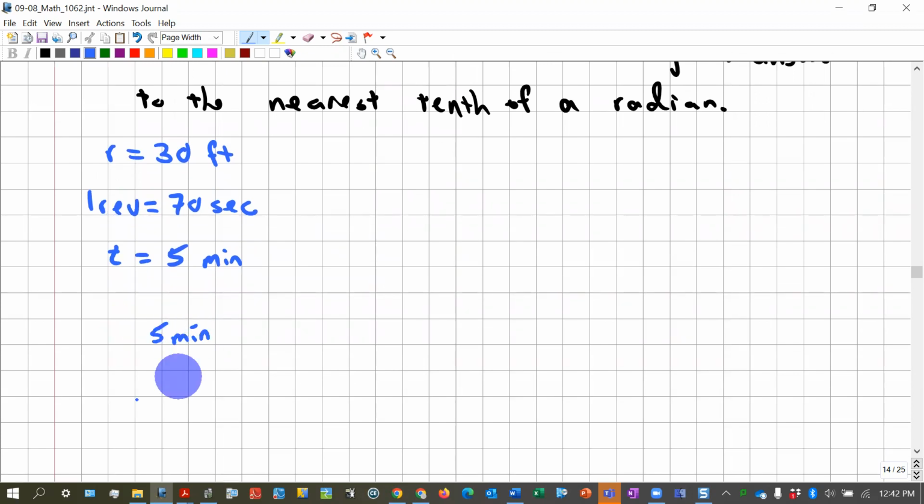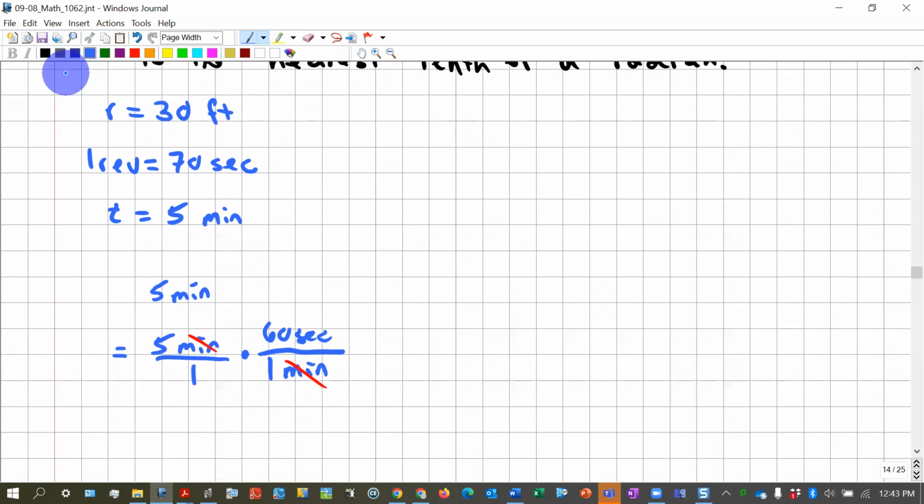So again, I'm going to start with my 5 minutes. 5 minutes is 5 minutes over 1. And again, I need to go to seconds. 60 seconds is 1 minute. And I know that in this problem, in every 70 seconds, which I'll put in the denominator so that it divides out with the 60, the object travels through 1 revolution.